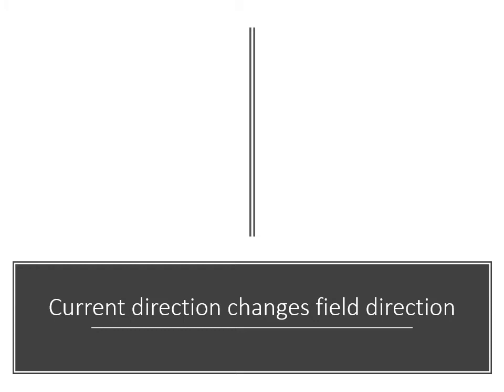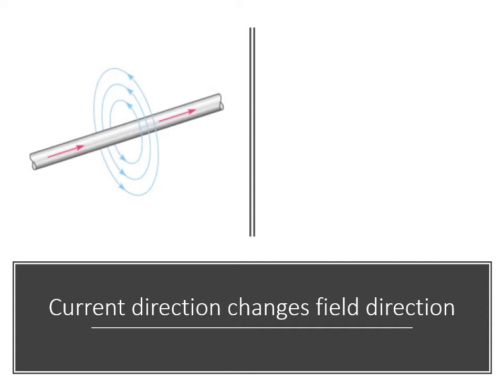The direction of the magnetic field around a wire is dependent upon the direction of the current. The red arrow indicates the direction of the current through the current-carrying conductor.